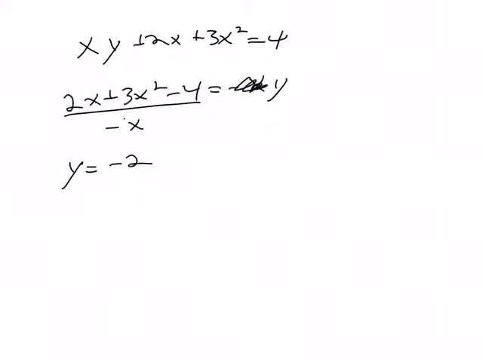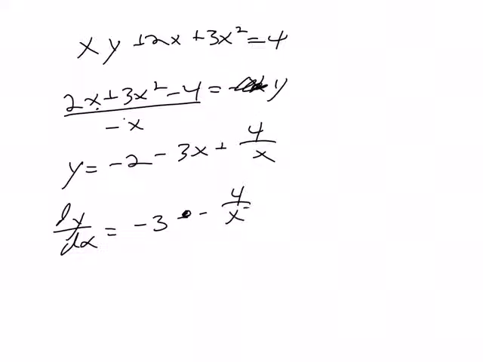If the x and the x are going to cancel, we're going to get minus 3x minus 4 over x, right? Yes. So dy over dx is going to give us negative 3 plus, so this is going to be minus 4 over x squared, the derivative of this.